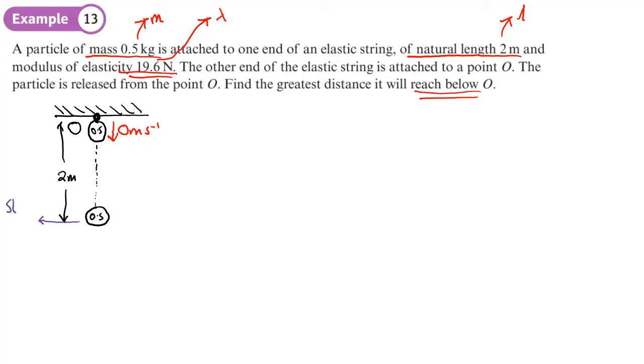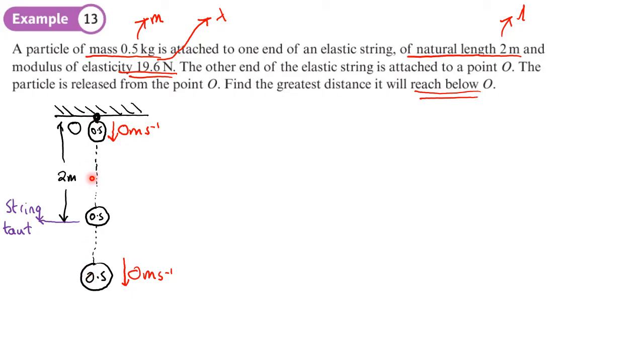Okay, string taut, that'll be the first time it becomes taut. Then it will carry on moving like this, and then it will get to a point where the string is completely stretched to its limit. For this question, it will be 0 meters per second here, and then what will happen is the string will basically use its stored energy to fling the particle back up again.